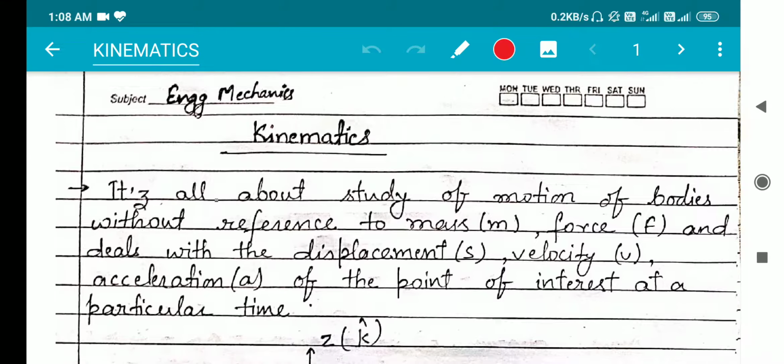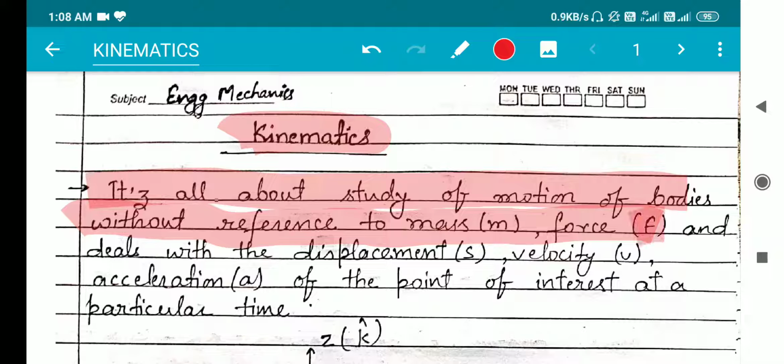Before starting kinematics, first of all I would like to inform you the definition of kinematics. In kinematics we are studying only the motion of bodies without reference to mass and forces.